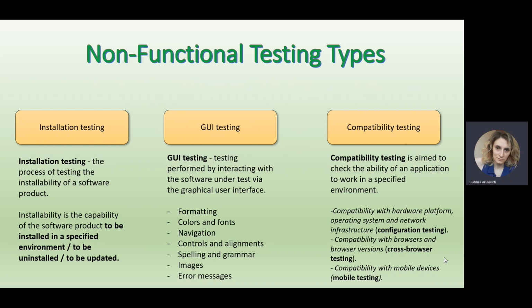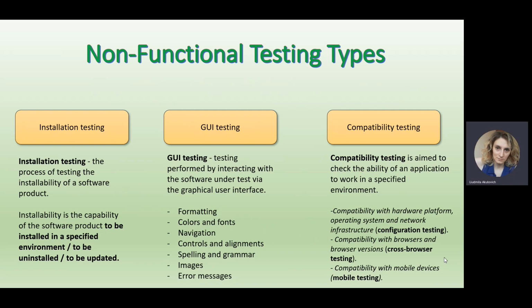You're going to check colors, font size, styles, formatting, controls and their behavior, alignments, spelling, grammar mistakes, images, the exact text of different messages, error messages, notification messages, successful messages, and the way they are displayed, and so on. So GUI testing is testing the picture of interaction of our final users with the interface of our application.